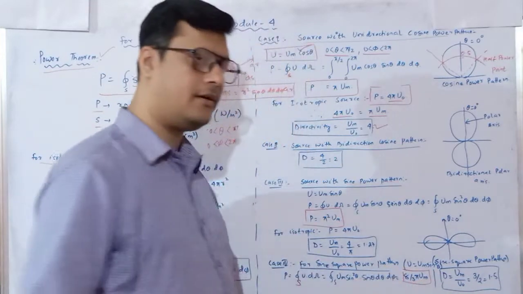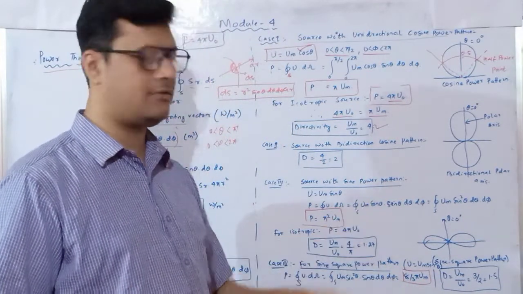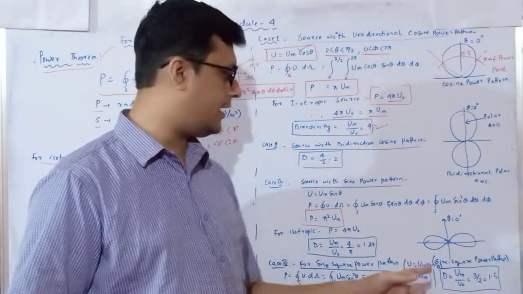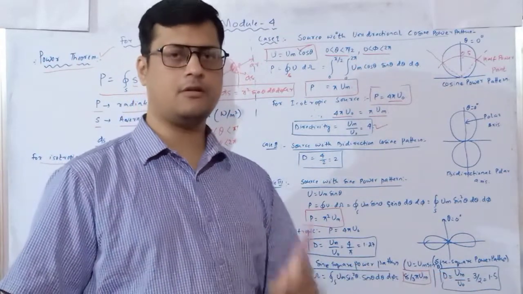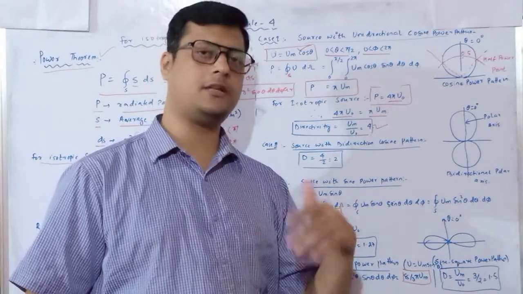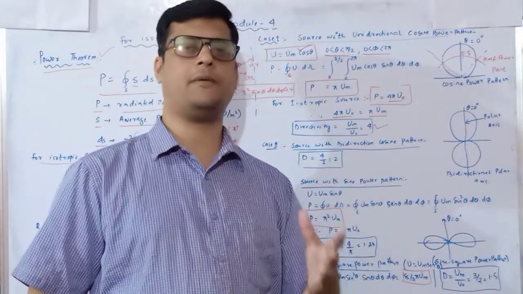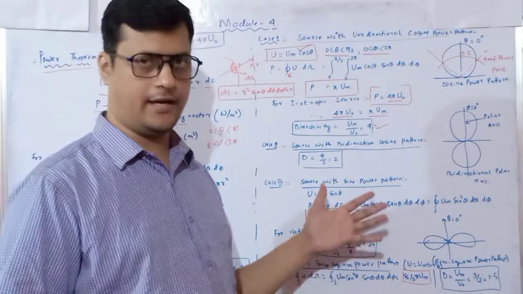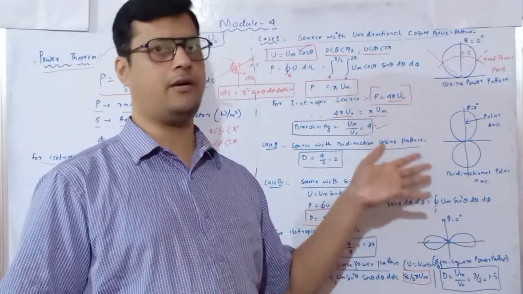You equate this with the isotropic value, and you will get your directivity. So directivity you will get 3 by 2, whose value is 1.5. So if it is a square power pattern, directivity will be 1.5. If it is not square, your directivity will be 1.27.